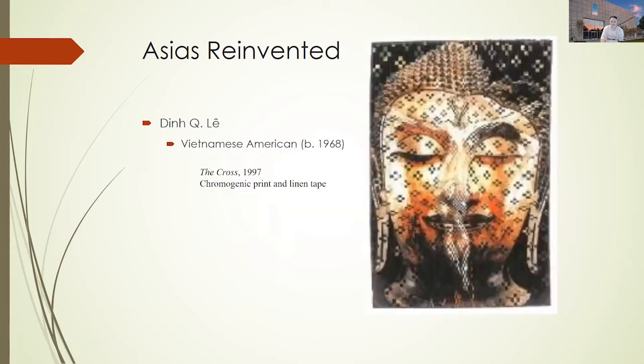So also in Asia Reinvented, we go back to Dinh Q. Lê. And this might be a good one to talk about with all age groups because it's a bringing together of two cultures. You definitely can see the Buddha face very prominent in this, but if you look, that center image up through the nose and forehead and across the brows is actually a crucifix.